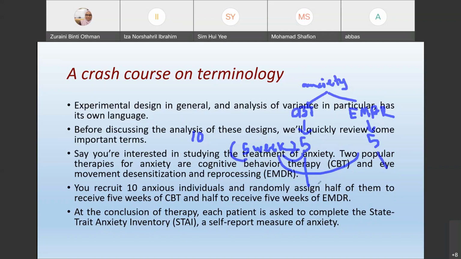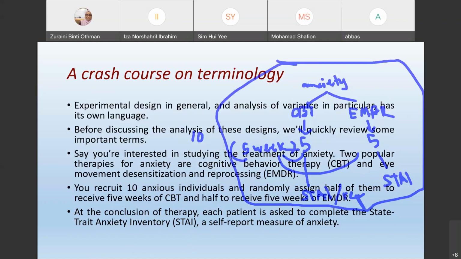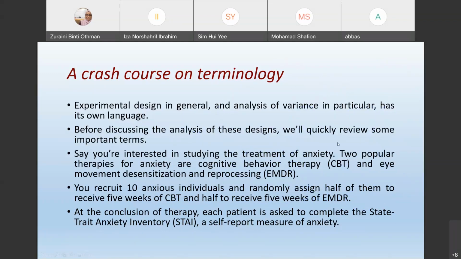Each of these individuals will complete this STAI, the State-Trait Anxiety Inventory, a self-report measure of anxiety. Okay, this is the overview of what this study will do. Then we want to know the terminology, the important terms.